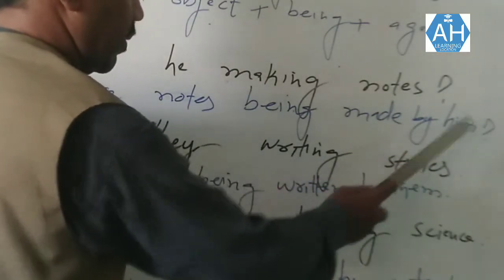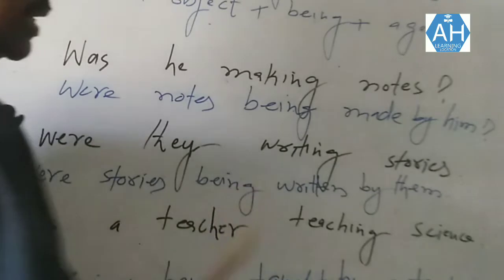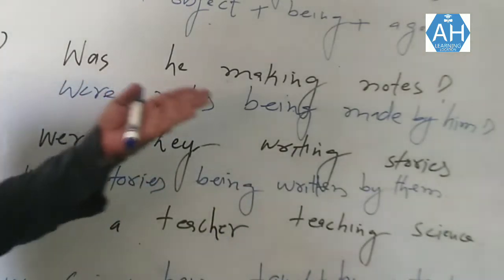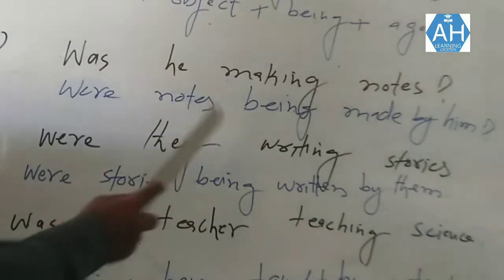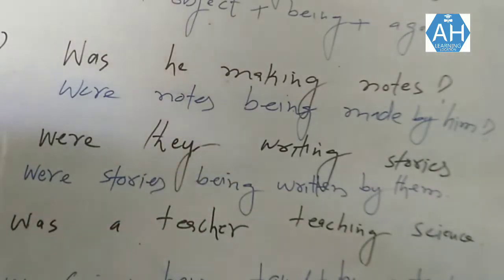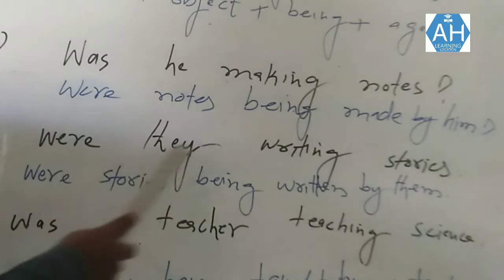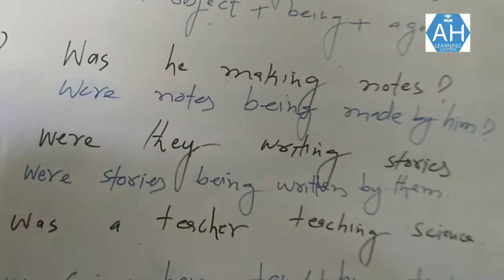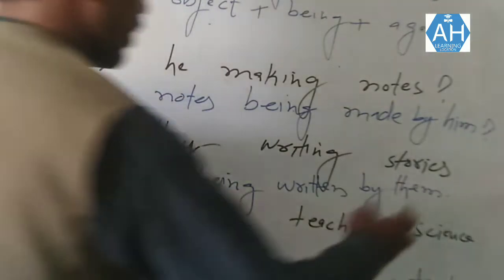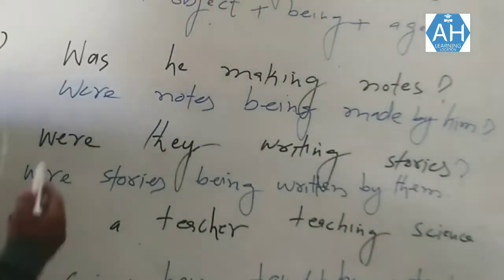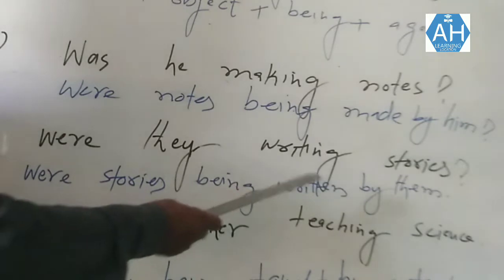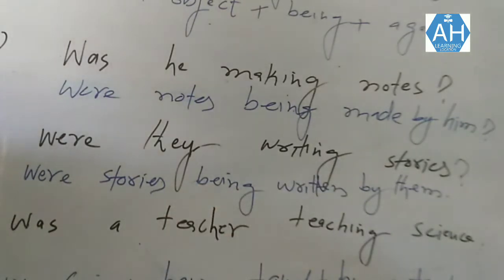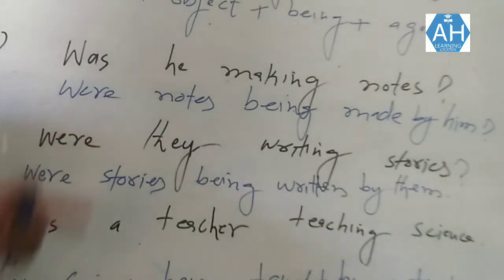This is the third form. This being is also a very important mark of past continuous passive. You have to remember it. Number 2 sentence. Were they writing stories? Now change into passive voice. Were stories being written by them?